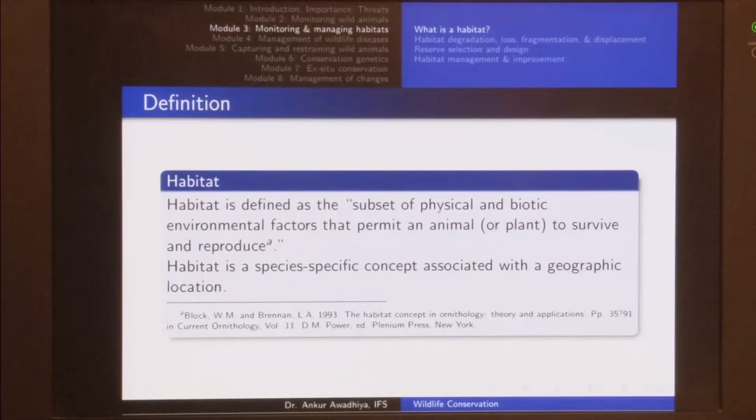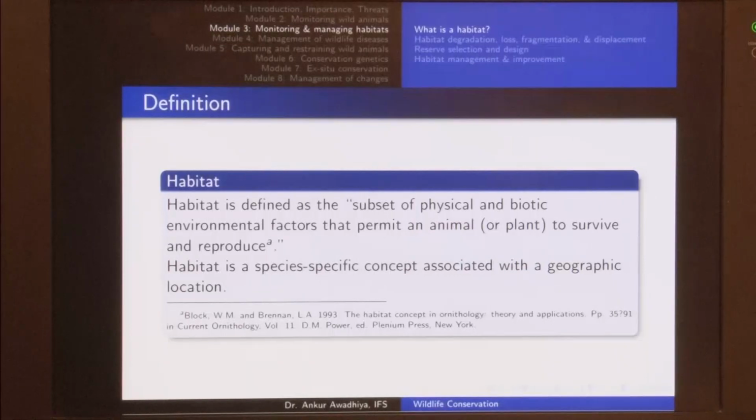When we say biotic environmental factors, we include things like, do we have enough food to sustain in that area? Do we have any predators that are going to prey upon us if we go and live in that area? So, both the physical factors as well as the biotic factors permit an animal or a plant to survive and reproduce.